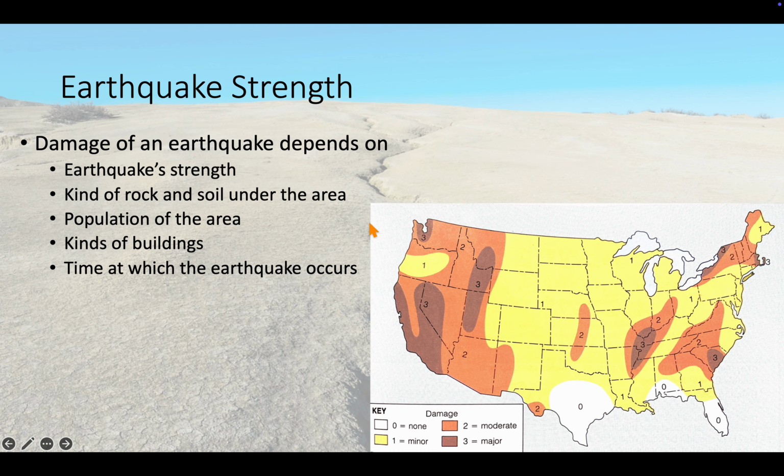Okay. The damage of an earthquake depends on the earthquake strength, the kind of rock and soil under the area, and the population of the area, because obviously if there's more people, more buildings, there's going to be more damage. If it's an earthquake out in the middle of nowhere, you're not going to have near the damage.